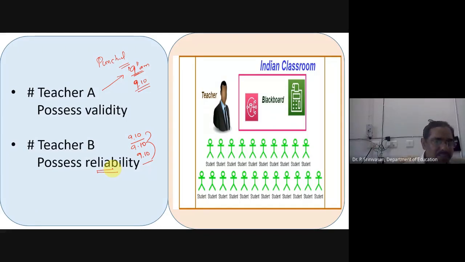Reliability means repeatability. Validity means repeatability will be there, and the exact time also. It's not that I come at 9 a.m. today only. Every day I have to come by 9 a.m. Then it is repeatable, and also it should be the exact time. Then it is a valid teacher. Okay.